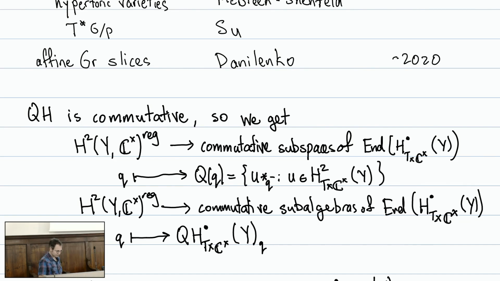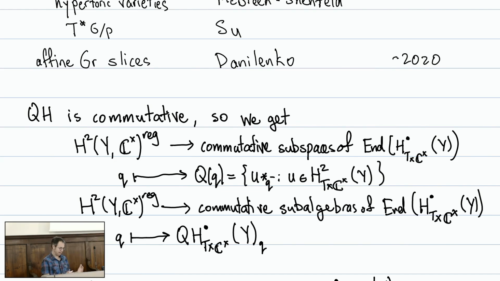So we can consider all possible quantum multiplications by every element of H2. This will be a subspace of the endomorphisms of the cohomology. And it will be not just any subspace, but what I call a commutative subspace, a subspace of elements, all of which commute with each other.